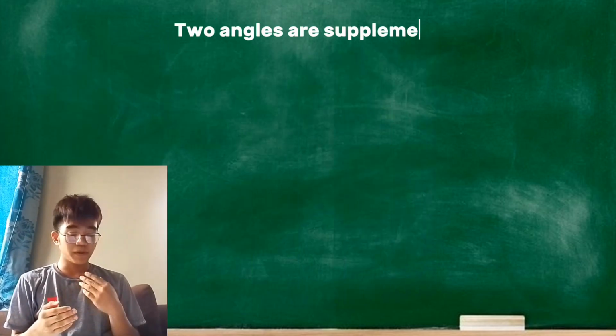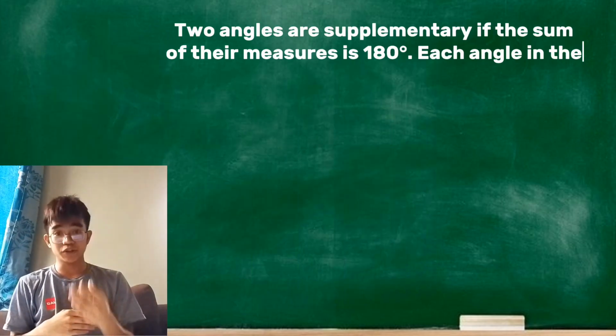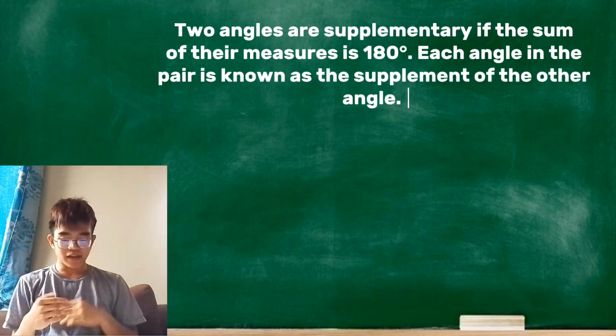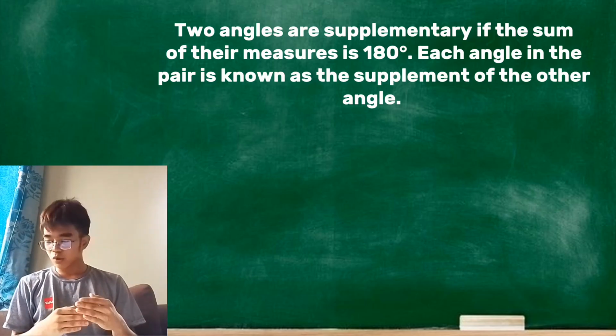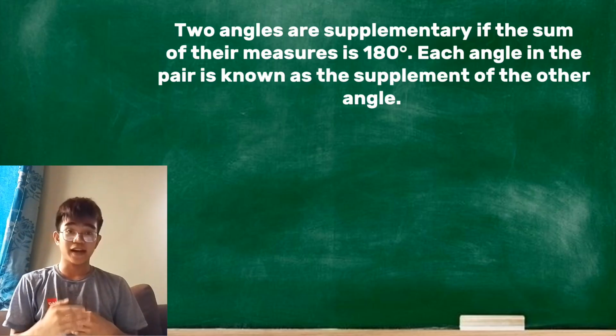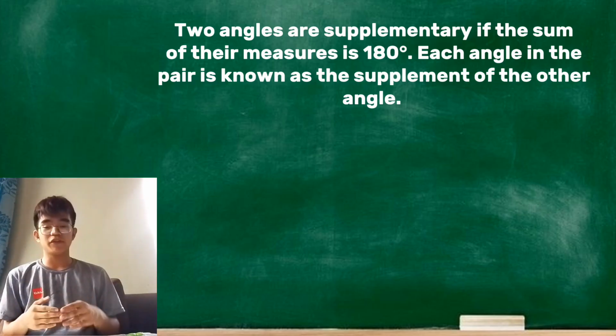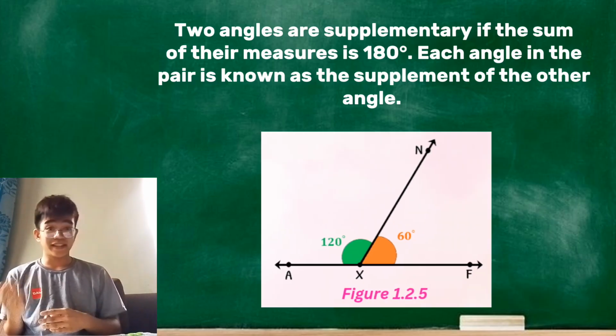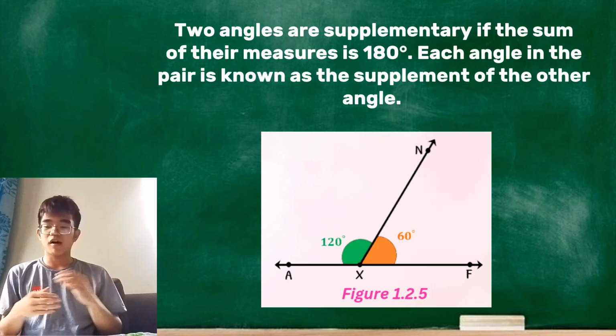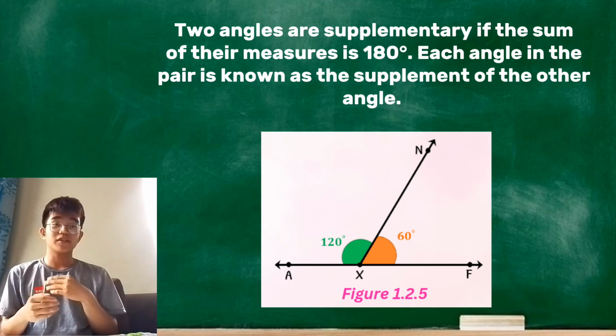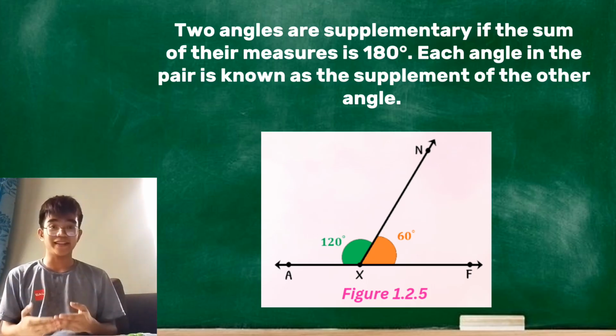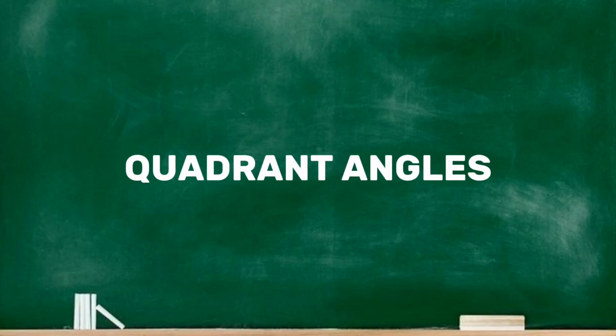Two angles are supplementary if the sum of their measures is 180 degrees. Each angle in the pair is known as the supplement of the other angle. As shown in figure 125, 120 degrees and 60 degrees are supplementary angles because their sum is 180 degrees.